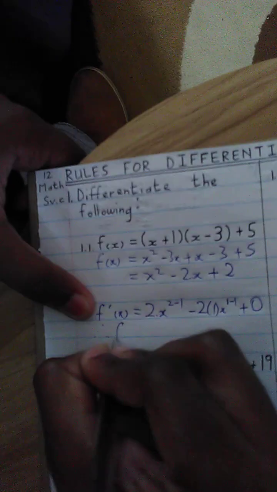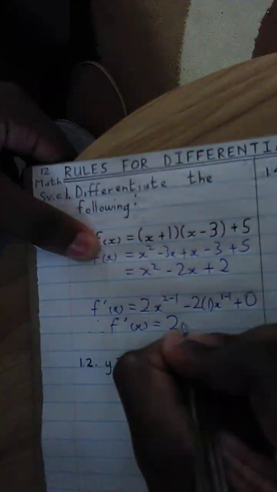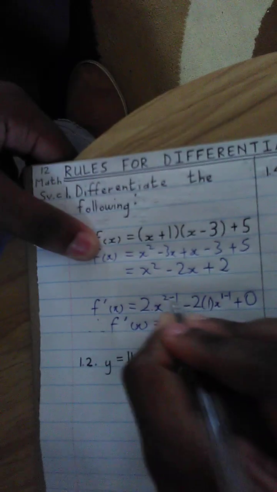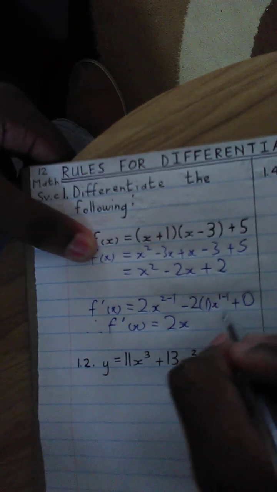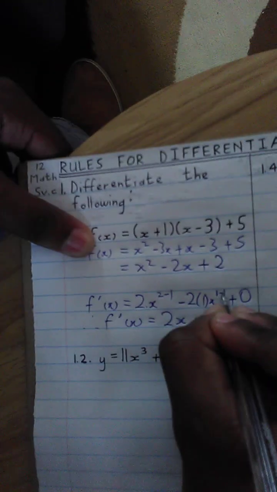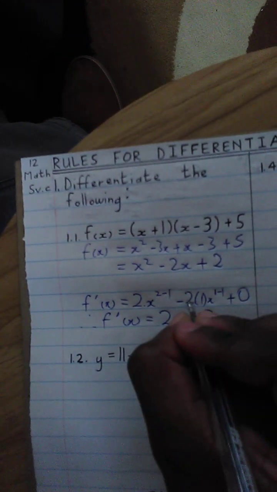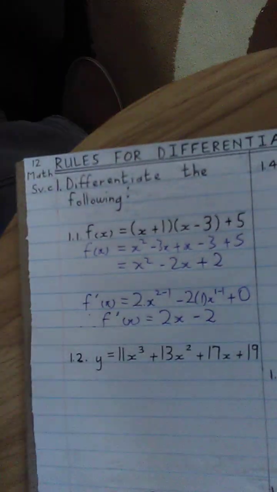So therefore the derivative is 2x. X to the power of 2 minus 1 is 1, we don't write it down. So minus 2. X to the power of 1 minus 1 is 0. Any number raised to 0 is 1. 1 times this 2 and this 1 is just this 2.